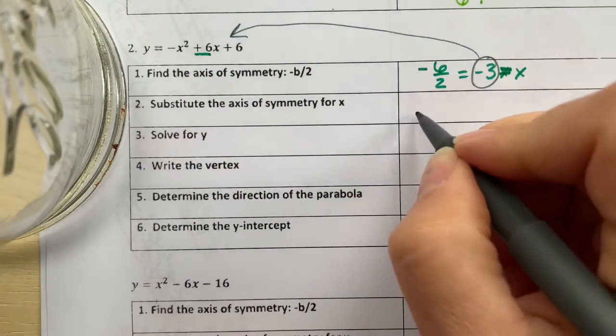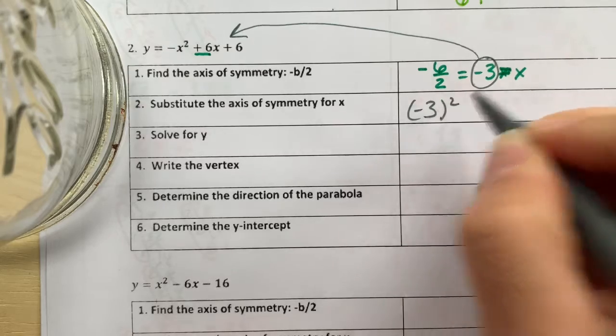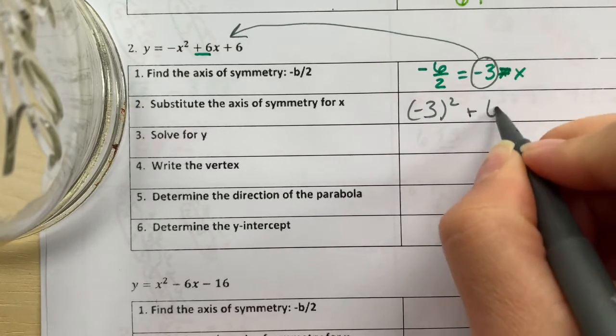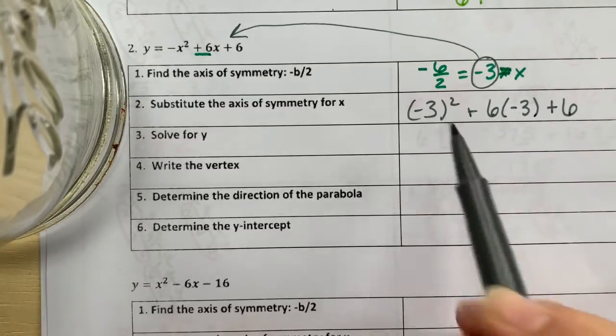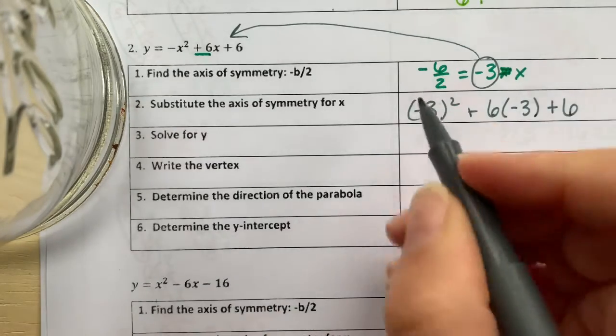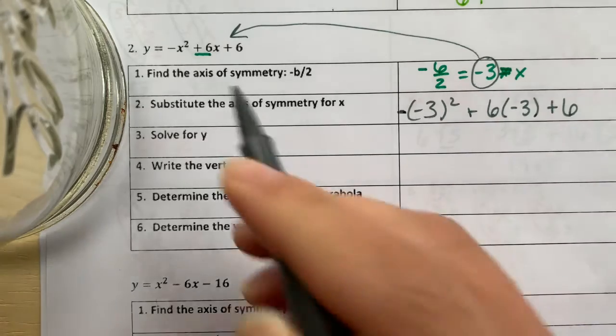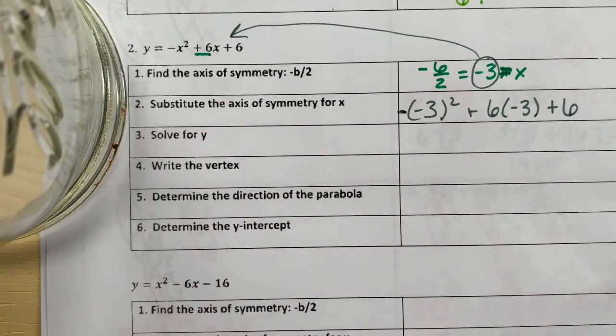So we have negative 3 squared plus 6 times a negative 3 plus 6. Oh, and there's a negative in front of that. Everywhere there's an x, I've substituted in negative 3.